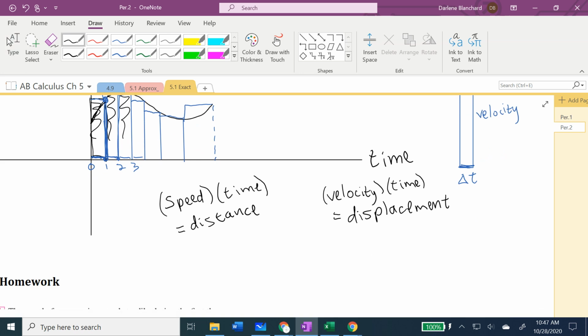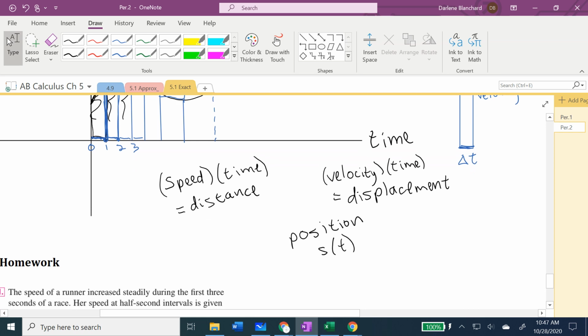Right. So what you want to think about is when we take the derivative of a position function. So my position function, we had to call it s with respect to t because we couldn't use the letter d. When I look at what is velocity, I am looking at a change in distance over a change in time. So what am I doing in finding these rectangular areas?